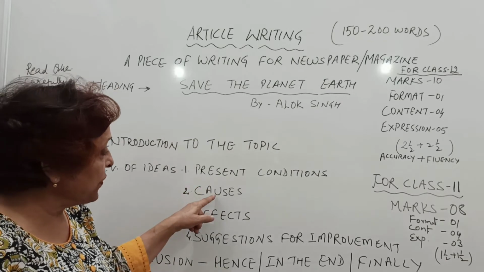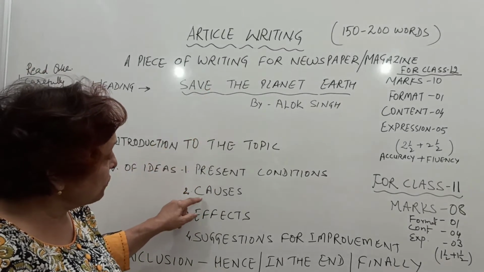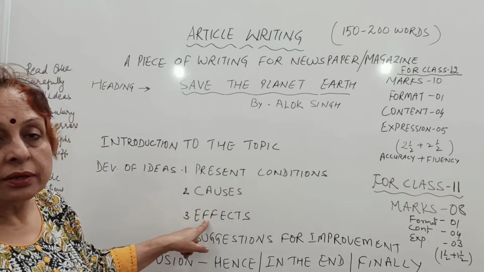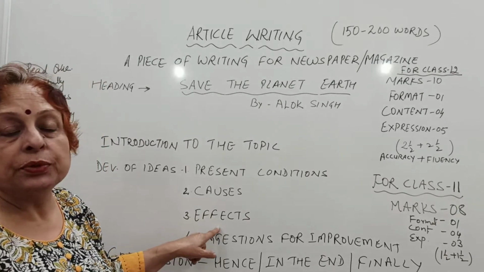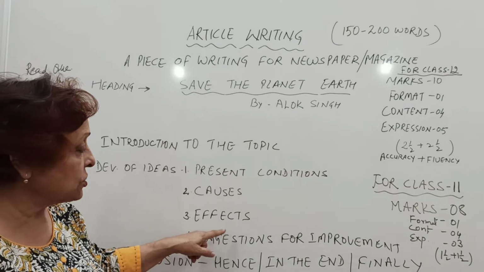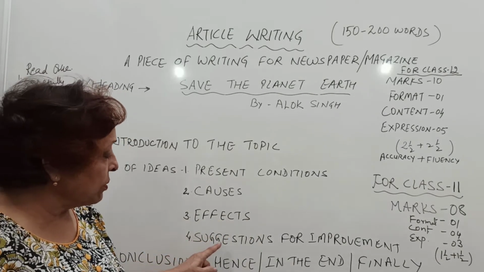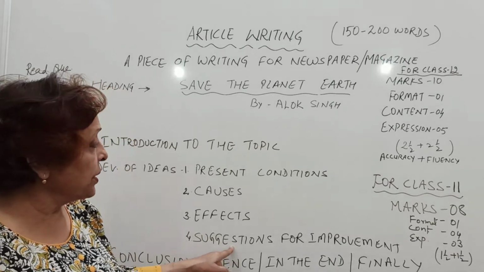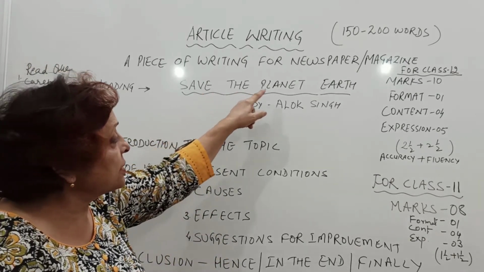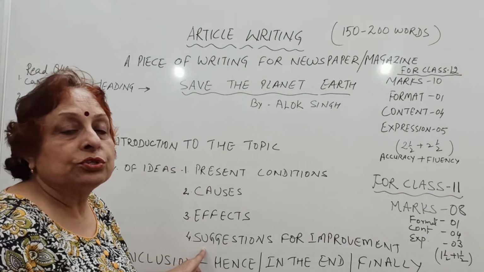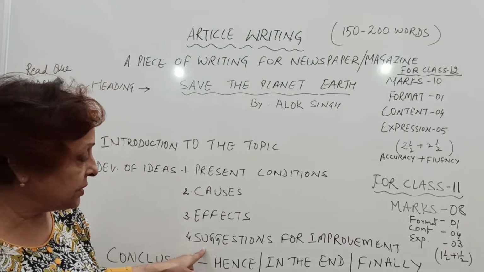After that, the effects of these causes. What is happening is global warming, rising temperatures, depletion of the ozone layer. We can talk about this in this paragraph. And then the 4th paragraph will be about suggestions, how we can save the planet Earth. For example, the suggestions may be grow more trees, stop the cutting of trees.